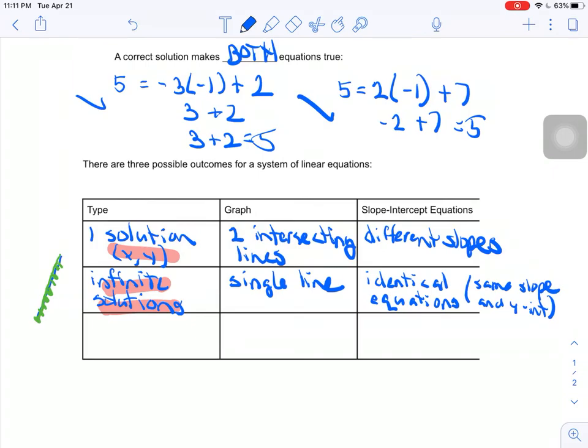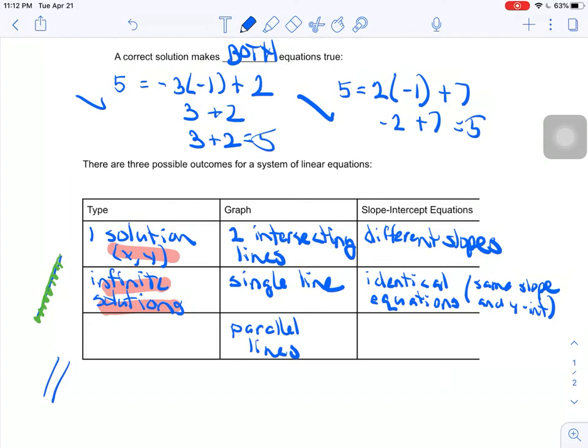Now, the last type you saw in yesterday's activity was the graph where we had parallel lines. So parallel lines never touch. And if the answer is where the lines cross or where they touch each other, if they never touch, then I can't have an answer.